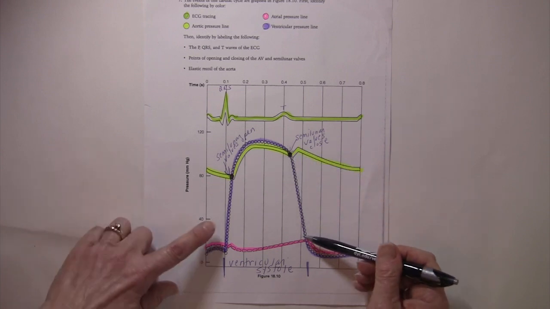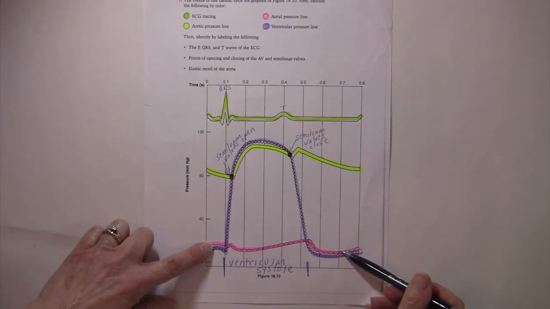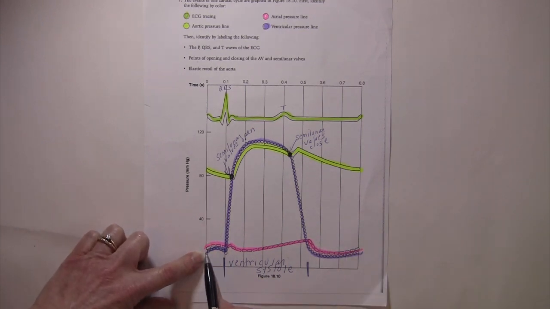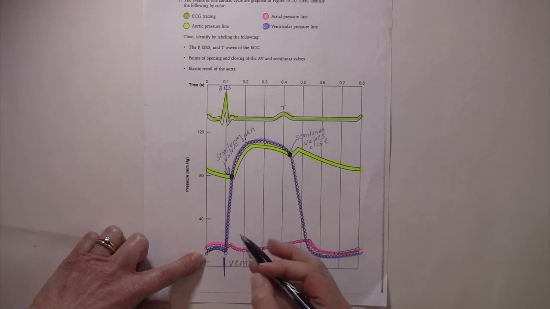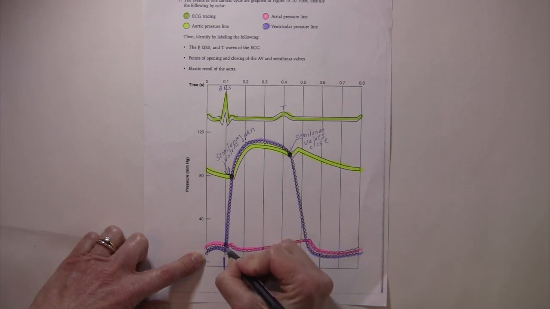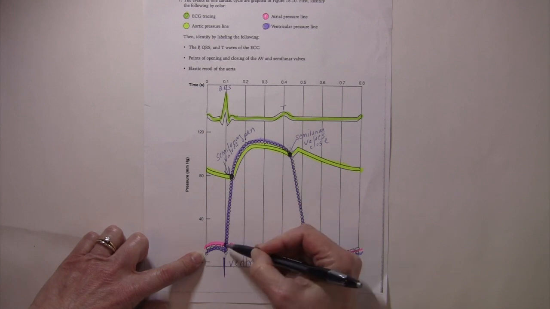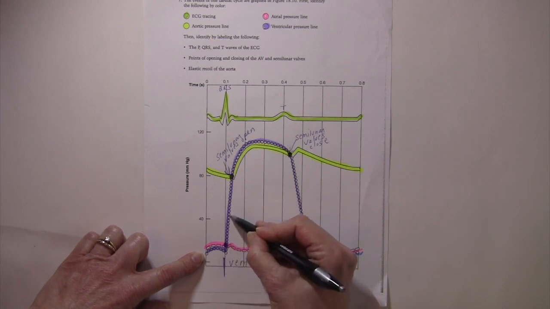Now let's take a look at ventricular pressure and atrial pressure, the relationship between those two. So I can see ventricular pressure is lower than atrial pressure, but do you see how when the ventricles start to contract, right at this point, it looks like ventricular pressure exceeds atrial pressure.